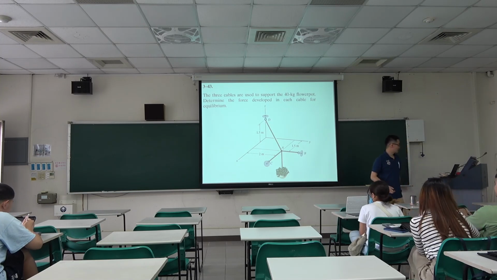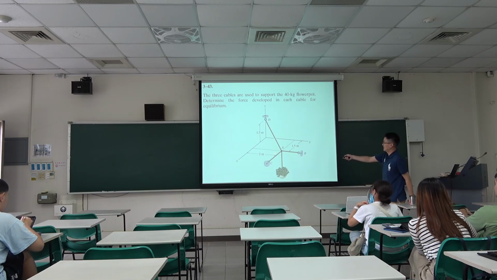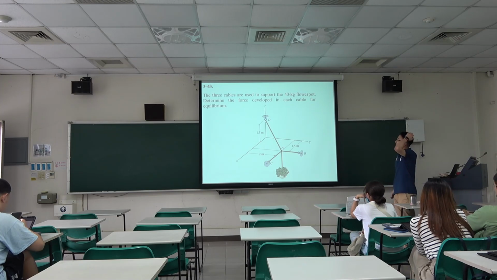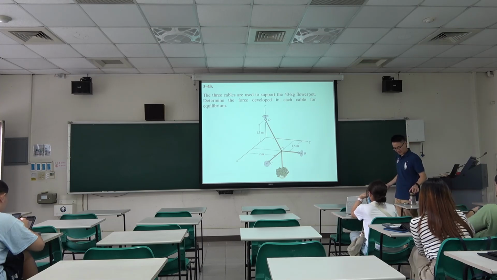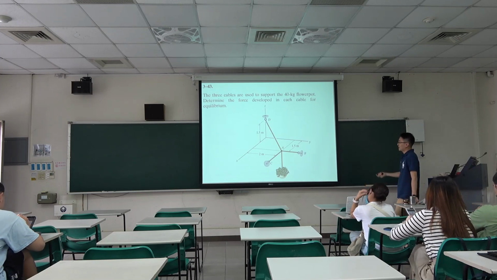Okay, practice question. Three cables, AB, AC, AD, are used to support a 40 kilogram flower pot, which means we have to change the unit, and determine the force developed in each cable.